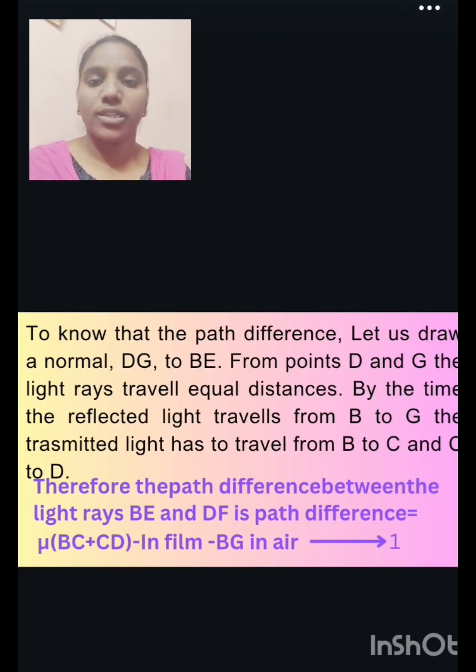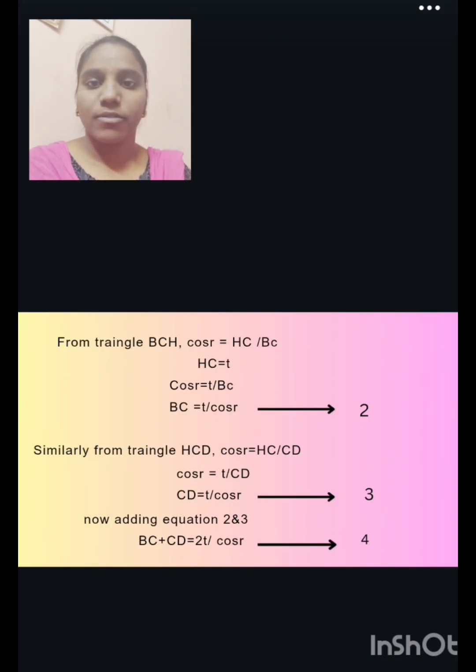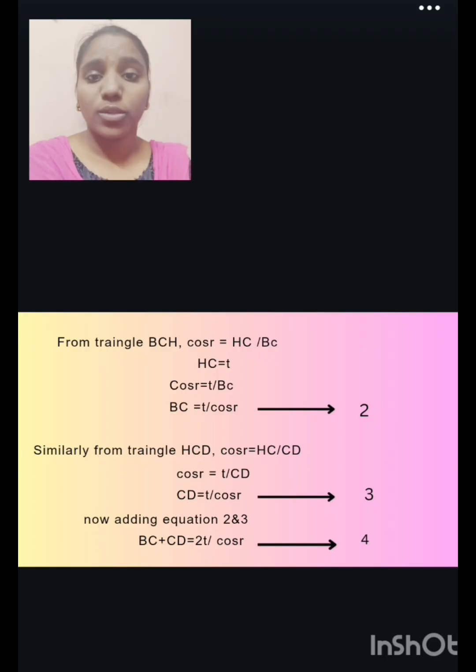Now we have to find BC and BC plus CD. That's why we have considered triangle BCH: cos r is equal to HC by BC. We know that HC is the thickness of the film, that is t. Cos r is equal to t by BC, so BC is equal to t by cos r.